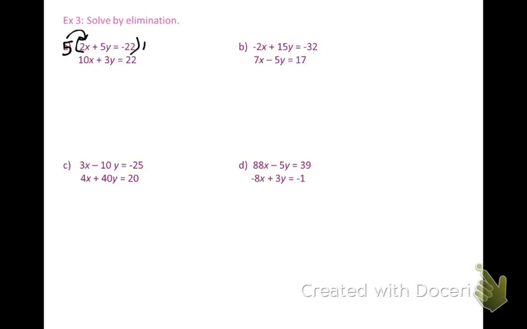That means I have to distribute the 5 to everything. So it's going to be 10x plus 25y, I'm distributing it to everything, equals negative 110. And then I just bring it right underneath it.